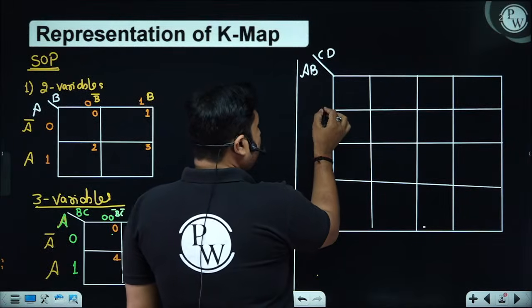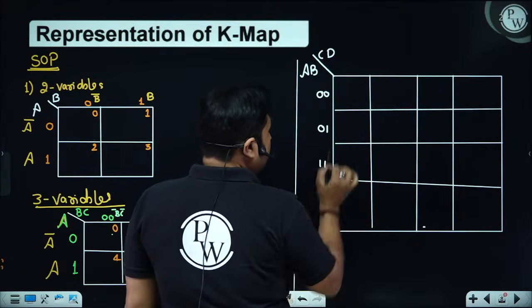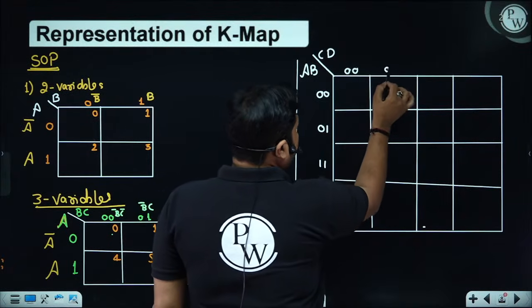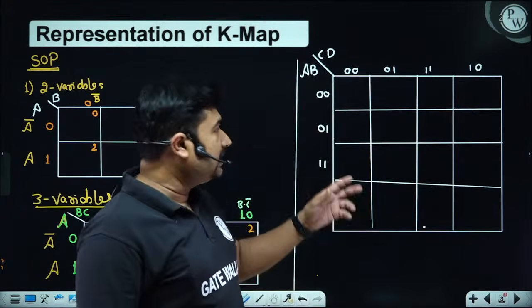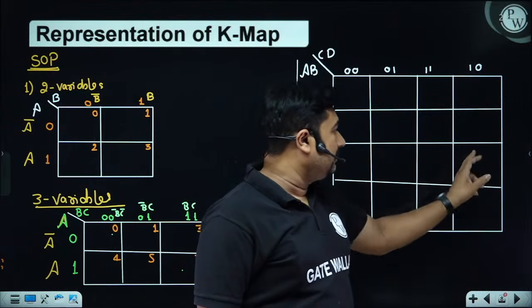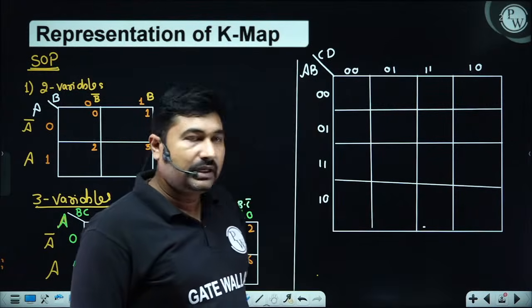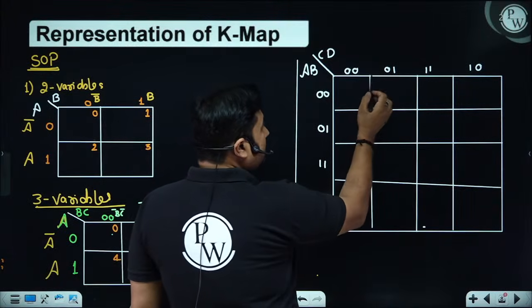In gray code, we write 00, 01, 11, 10. It is represented in gray code 0, 1, 2, 3 up to 15, but actually the numbering needs to be done in terms of binary code.